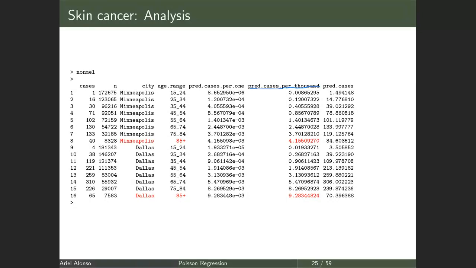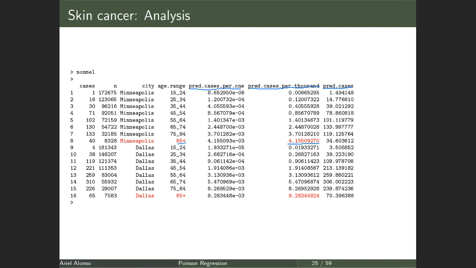Or the predicted number of cases, for instance, for one inhabitant. What is the probability that one person will have this skin cancer? And here you have the predicted number of cases for the number of cases we actually had in the data set. Here you have, for instance, per 1,000, in the category 85 plus, how many cases you predict in Minneapolis. You will predict about 4 cases in Minneapolis.